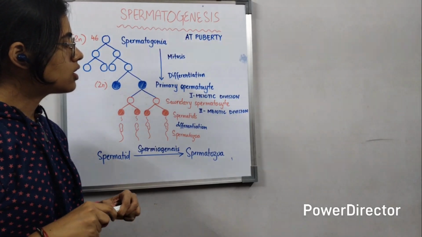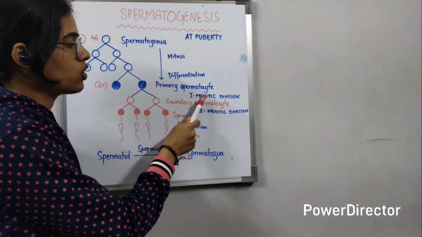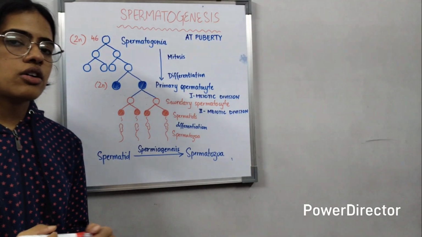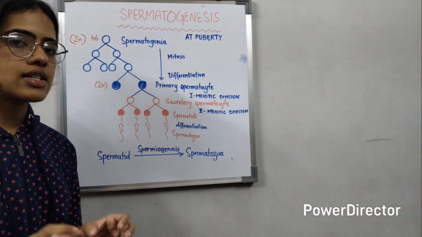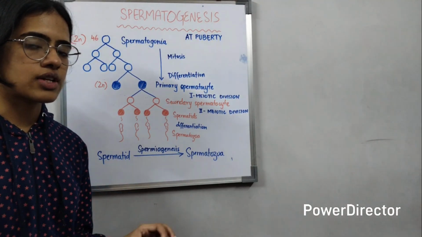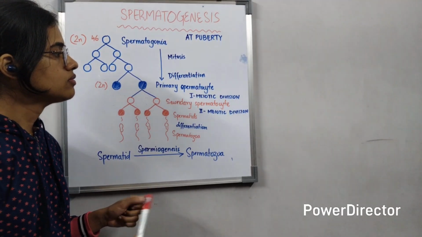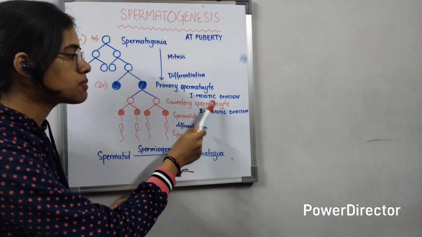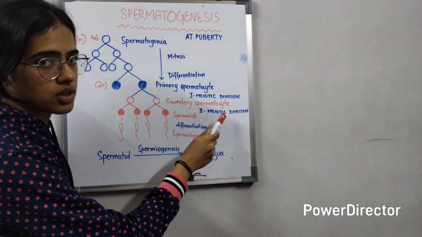Now here the primary spermatocyte will undergo the first meiotic division. If you remember, in meiotic division, I have explained that the cell divides its contents and splits into two different cells. Here, the primary spermatocyte will undergo its first meiotic division and it will form the secondary spermatocyte.